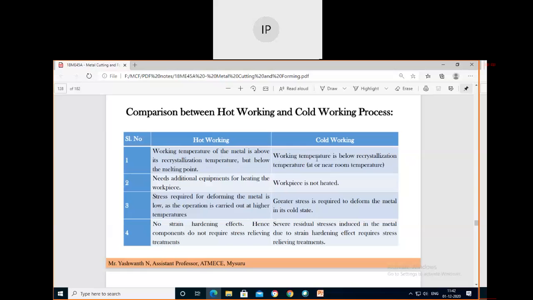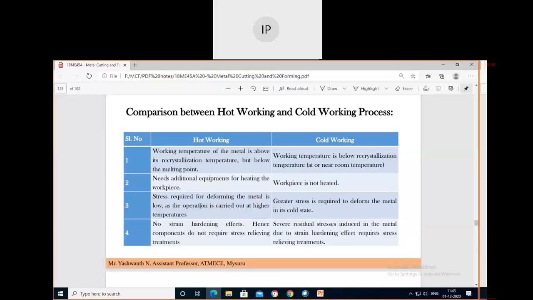The cold working temperature is below the recrystallization temperature. Above the recrystallization temperature, you need to add some heating, needing additional equipment for heating the workpiece. But in the cold working condition, the workpiece is not heated.